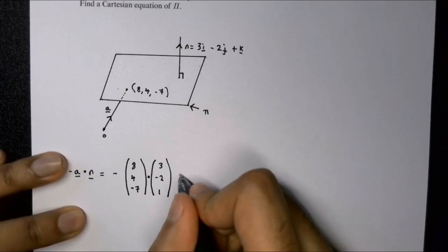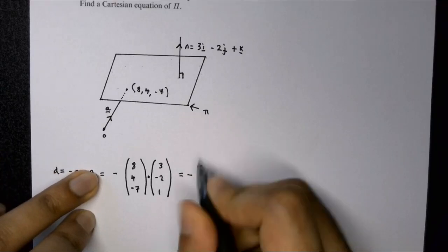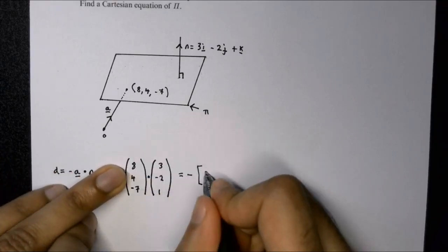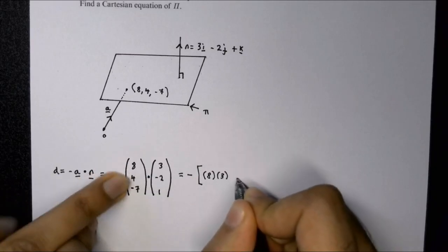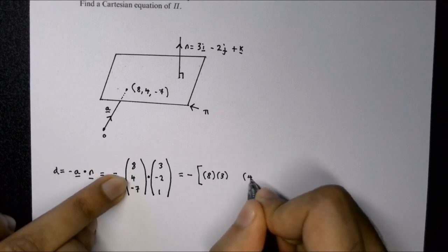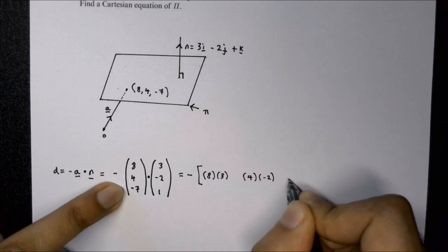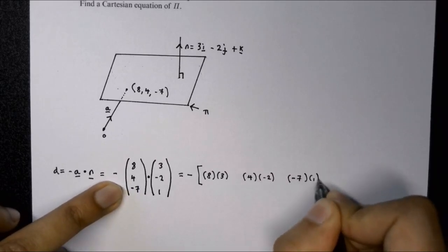it's really easy. Well, we still have this minus, we'll leave that alone for a second. With the i components, we multiply those together, so we've got 8 times 3. Then with the j components, we multiply those together, we've got 4 times minus 2. And then with the k components, we multiply those together, so we've got minus 7 lots of 1.